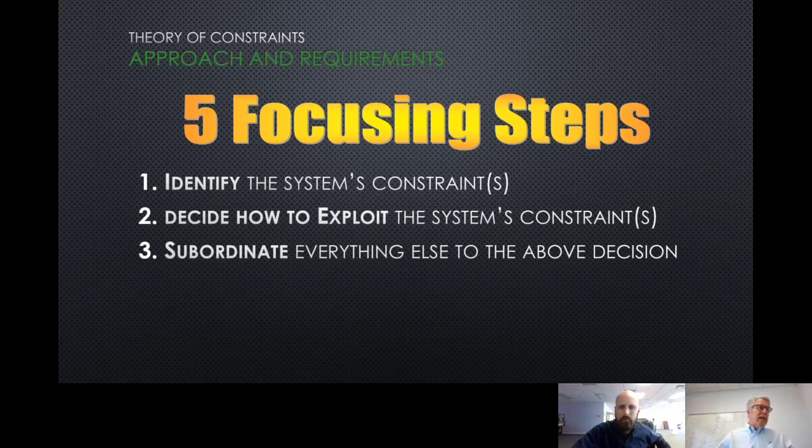So what does that look like? Well, for example, we would call it a constraint in the market, a shortage of supply, that if we had more orders, we would make more money. Right now, that's a particular challenge because we're in the middle of the shutdown from the COVID-19 virus.